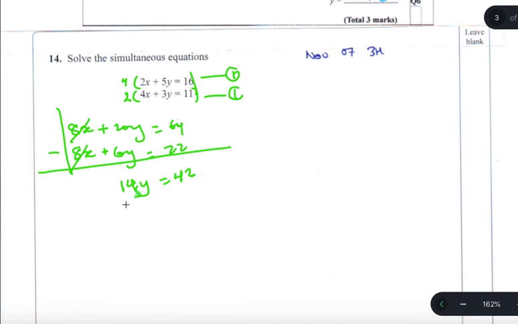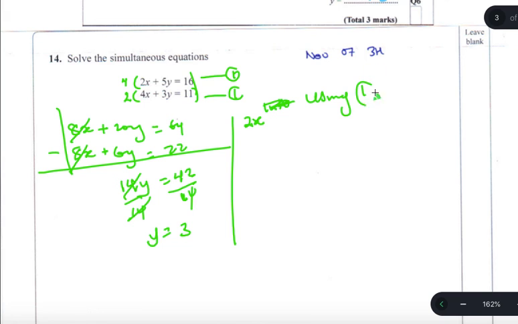Okay, positive. Dividing by 14, this one cancels out, so y will be 3. Okay, now using our substitution trick, we can say we want x, so using 1, 2x will be 16 minus 5y, the 5y crosses, divide by 2 on both sides.